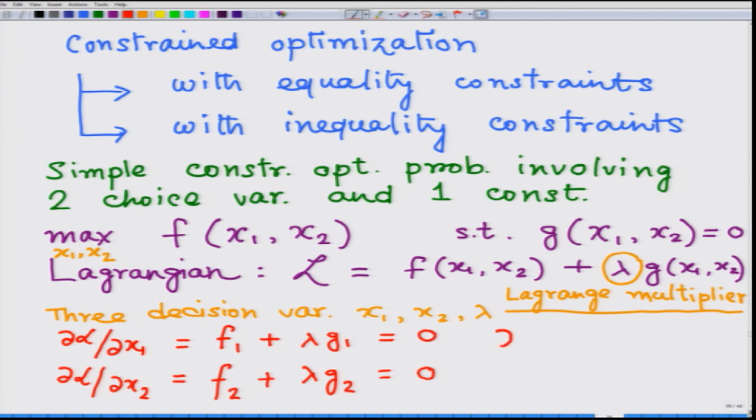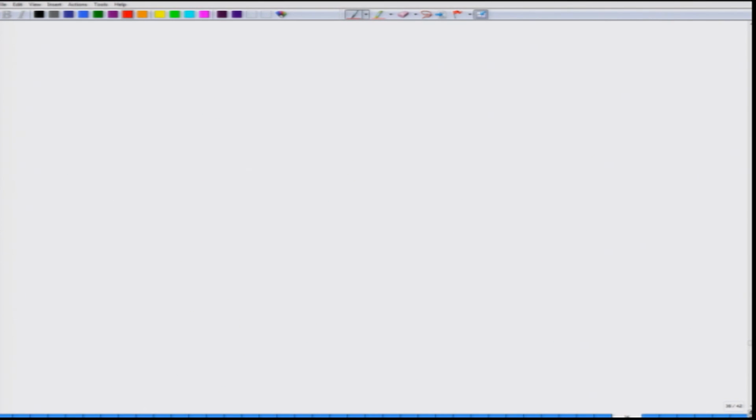So, we need to also differentiate the Lagrangian function with respect to this lambda, and that will give us the third first order condition. So, we get 3 unknowns in 3 equations. So, of course, this system of equations is solvable. Now, after solving we will get the optimized values x1 star, x2 star and lambda star.